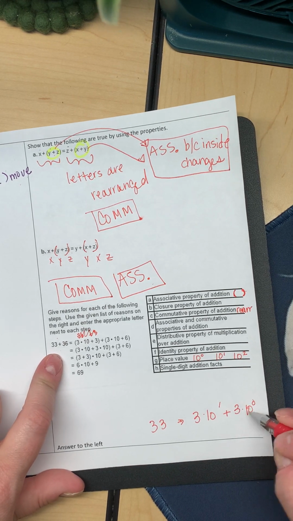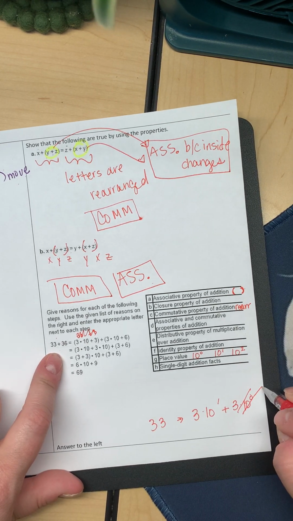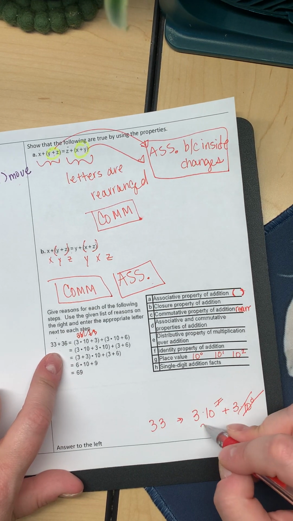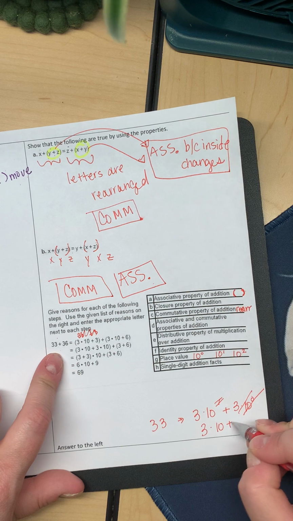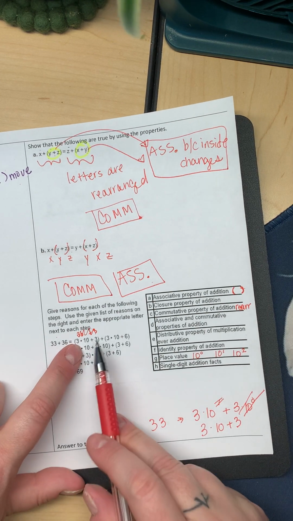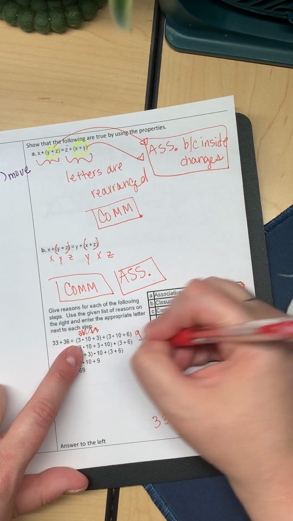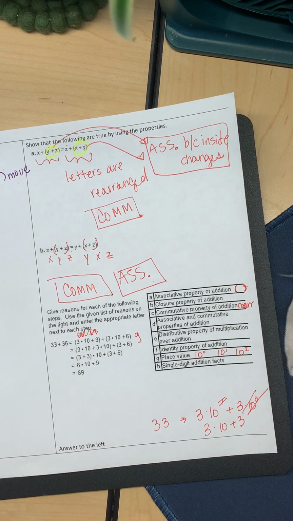And 10 to the 0, we don't always have to write it. And 10 to the 1 is just 10. So it's supposed to look like 3 times 10 plus 3. And that's what it did look like. Okay. So this first line is G, place value.